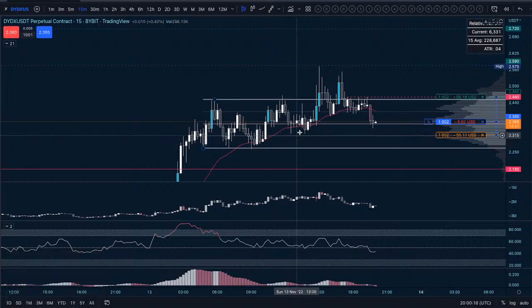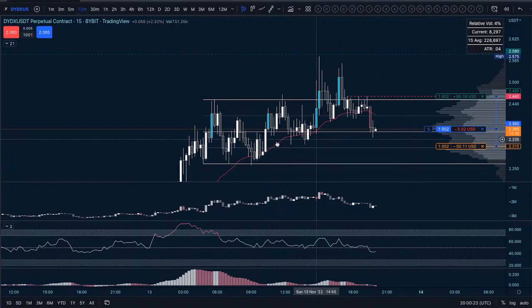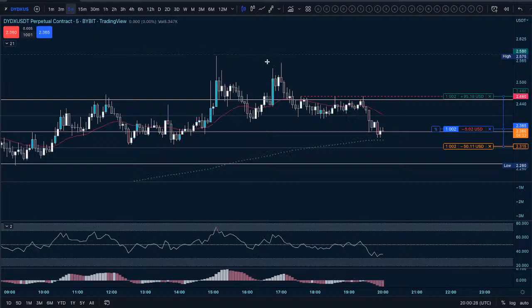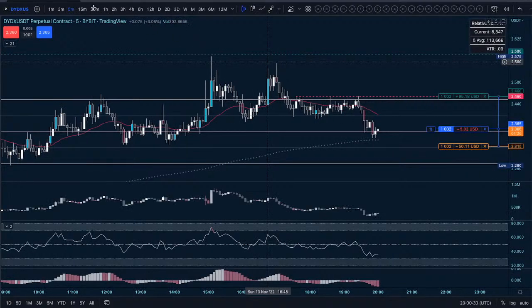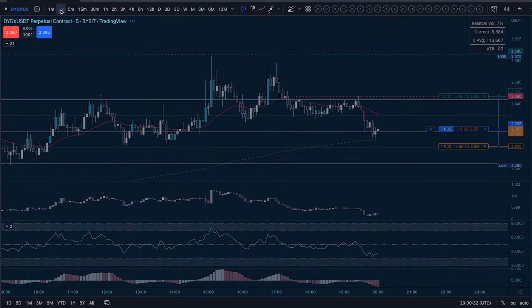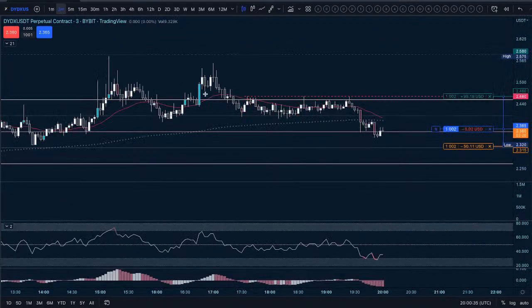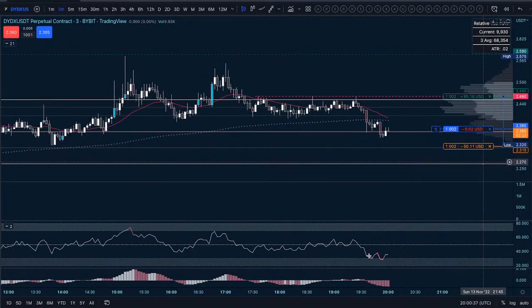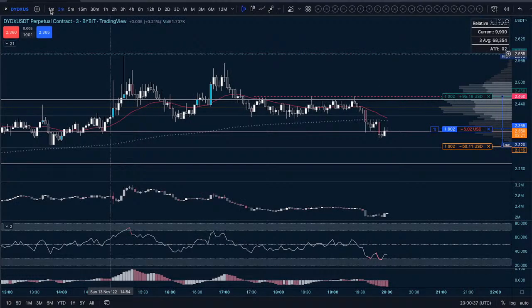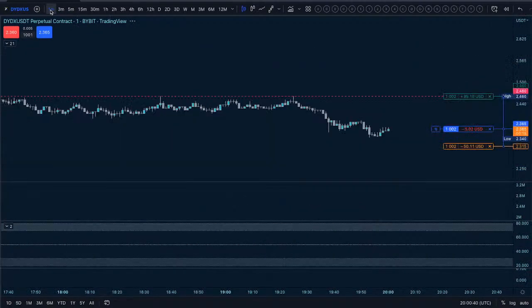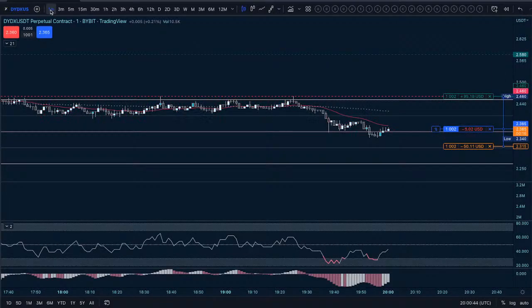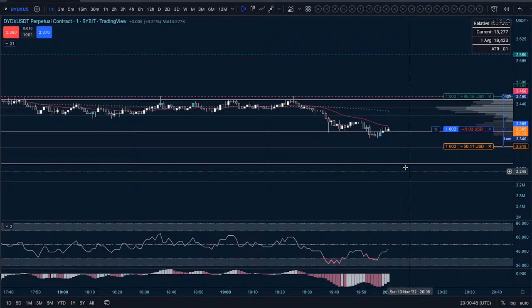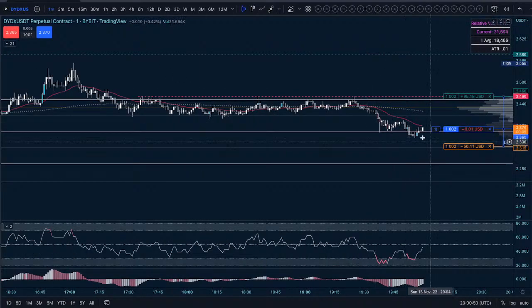Actually, this is not a good place to put the stops as well, because there's also a liquidity zone. This div didn't happen. There's a weird div here.